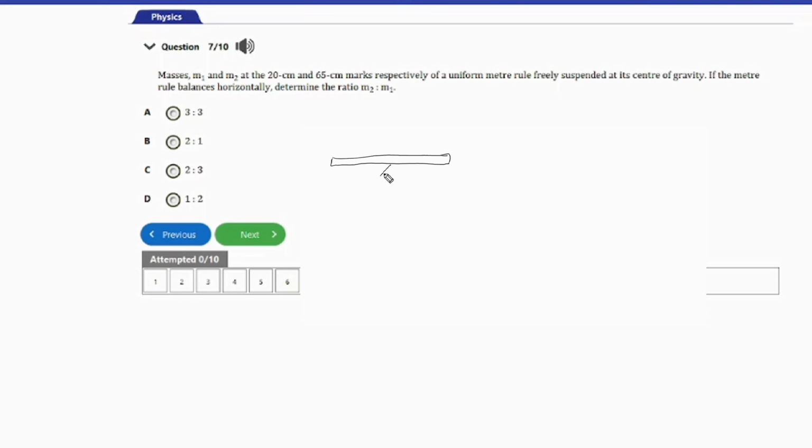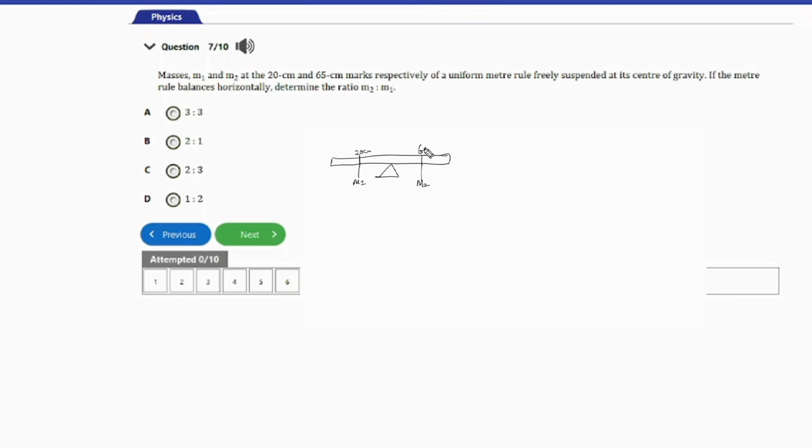So having that the clockwise moment is equal to the anti-clockwise moment, we have a diagram of the meter rule here. The first mass will be at the 20 cm mark, whereas the second mass will be at the 65 cm mark.